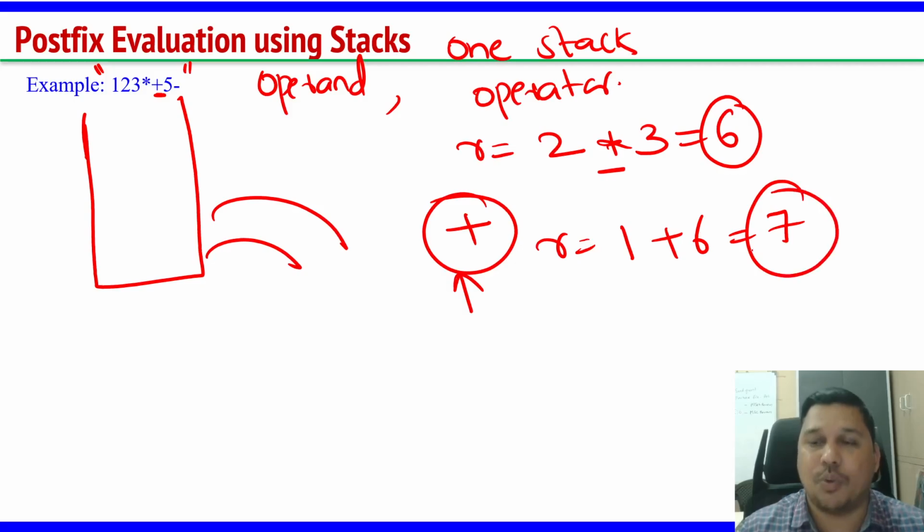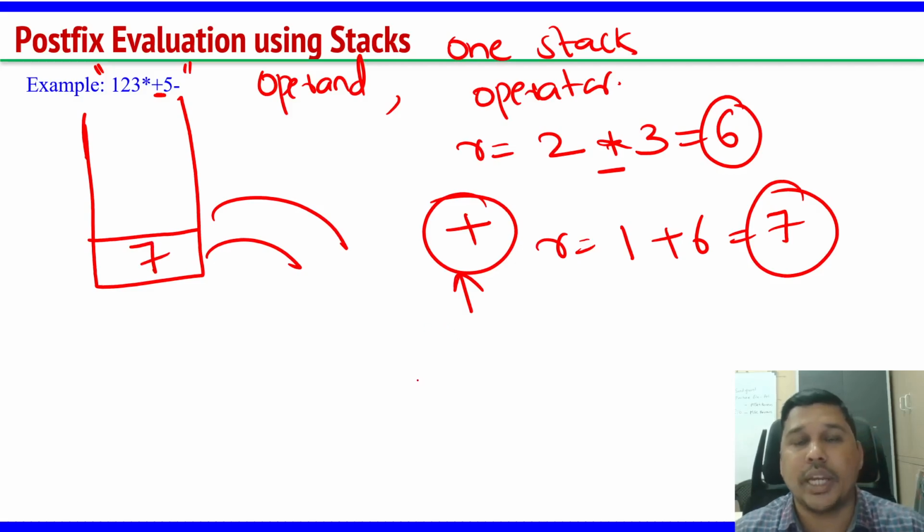Whatever result you get, you again insert it into the stack. So what we are doing here: if it is an operand, a number, push it onto the stack. If it's an operator, pop out the top 2 elements, apply that operator, and push the result back to the stack. Next character is 5.